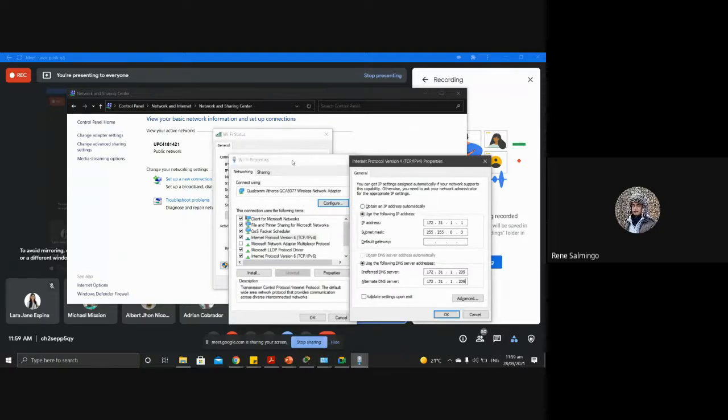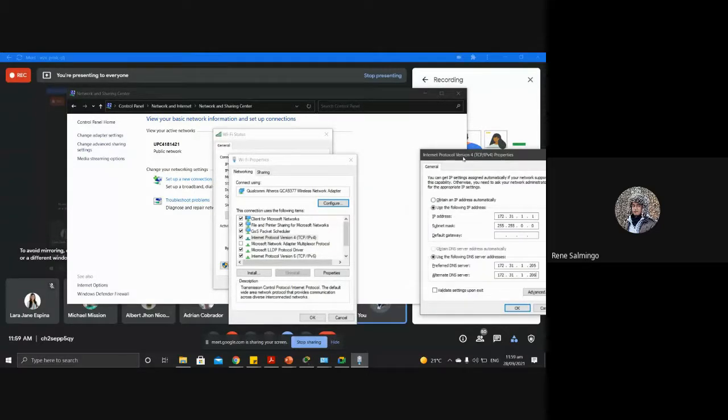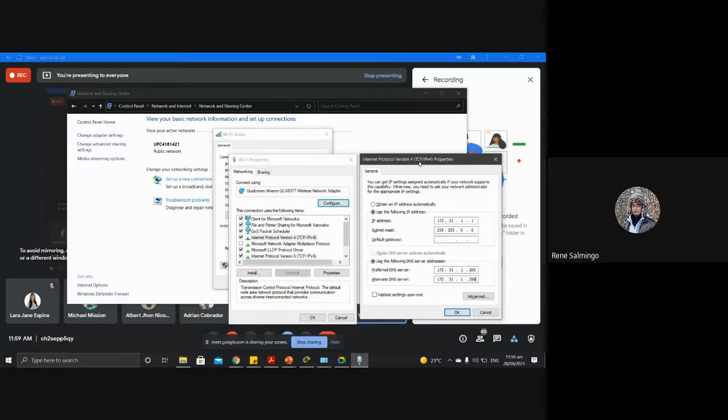So what you have there is an example that I made. You go to your Wi-Fi properties and click IP version 4, and you could check if you want to obtain an IP address automatically, or if you want to set your IP address to a different address.